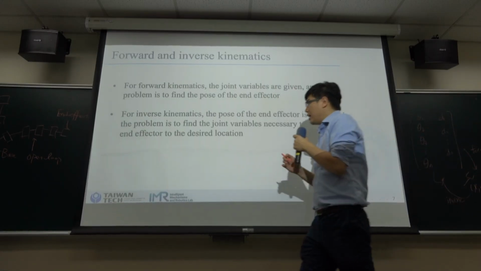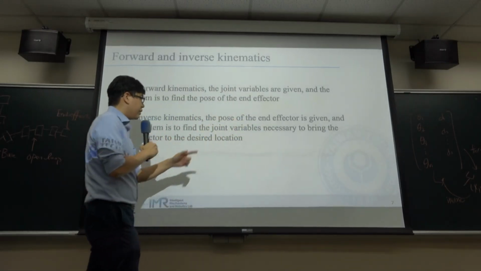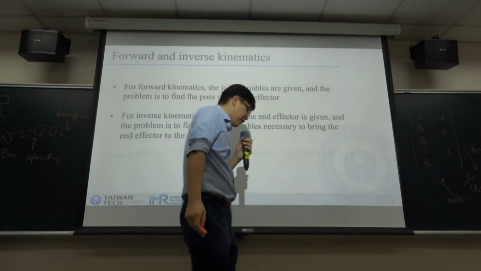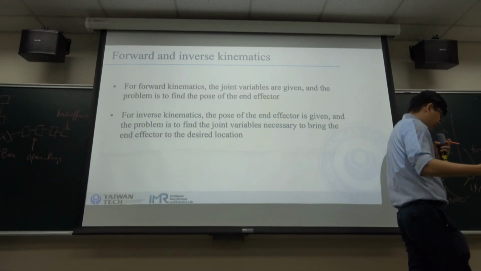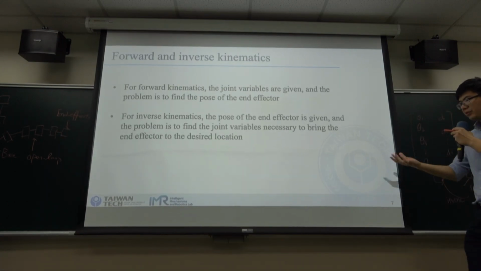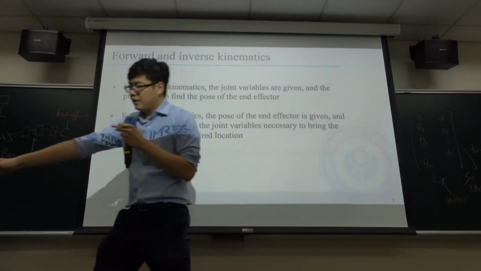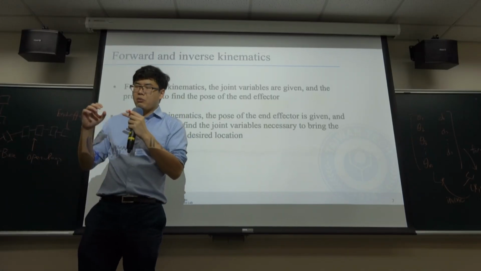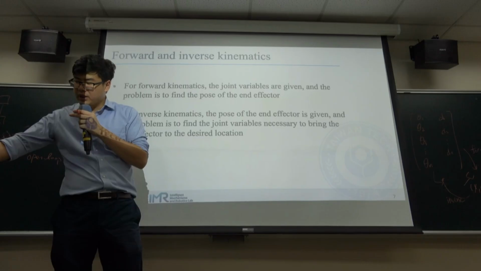The problem is to find the joint variables necessary to bring the end effector to a desired location. You may think, if we want to grasp a cup, and we know the x, y, z position of this cup, so we want to control our robot to this position.